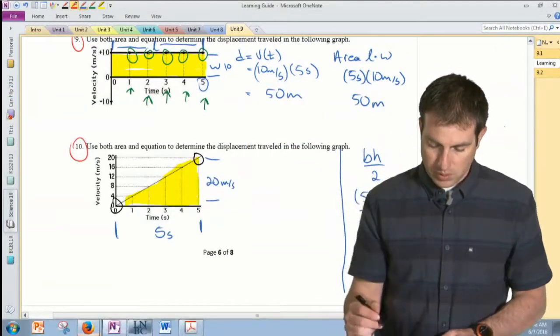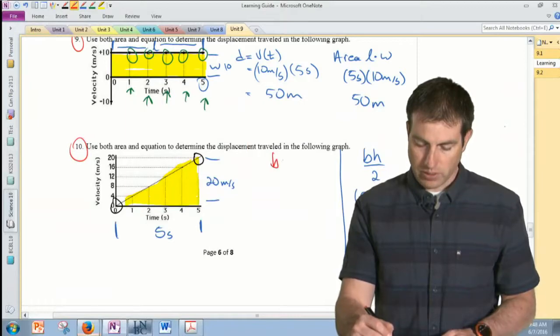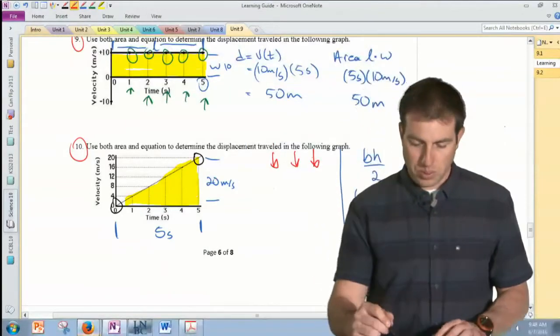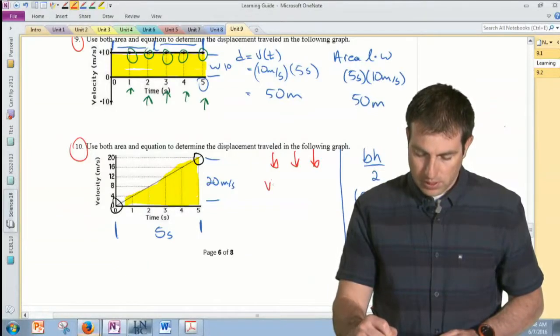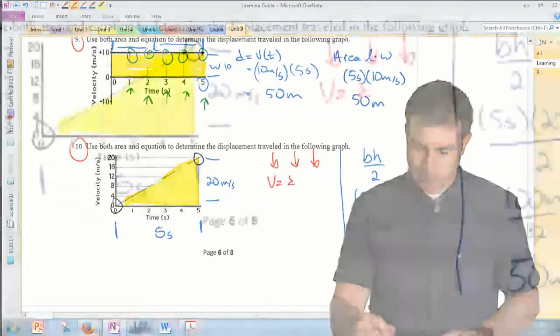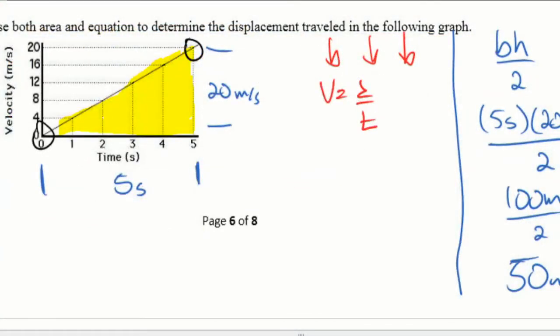I made a really big mistake here where I erased all this stuff. And that really big mistake was I used the formula velocity is distance divided by time. I can only use this formula if an object's traveling at a constant velocity. In this case, the object is not traveling at a constant velocity, so I can't use this formula. And then I did. It was a cardinal sin of physics. I should have known better.